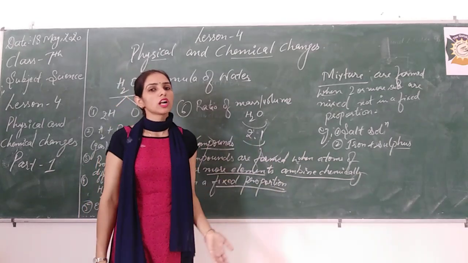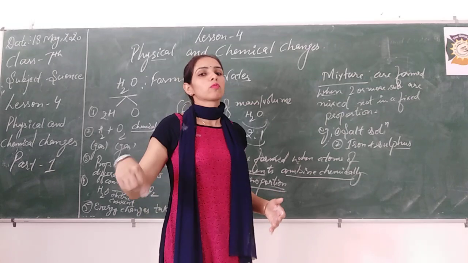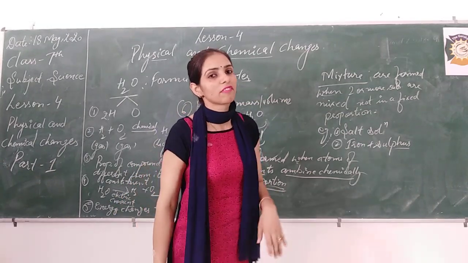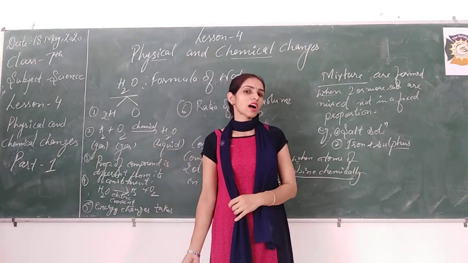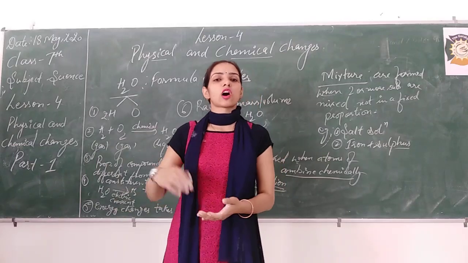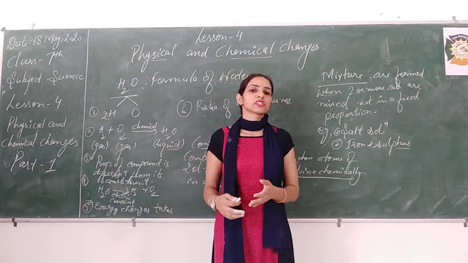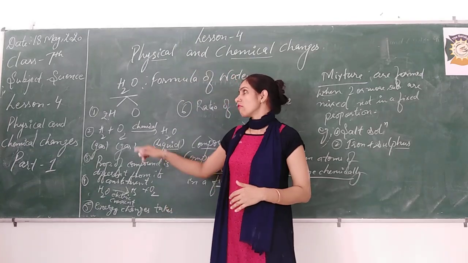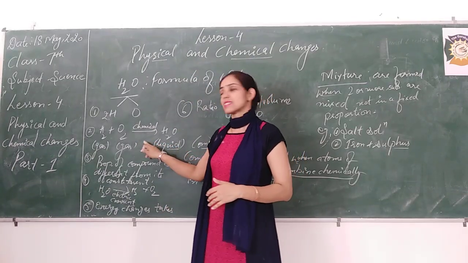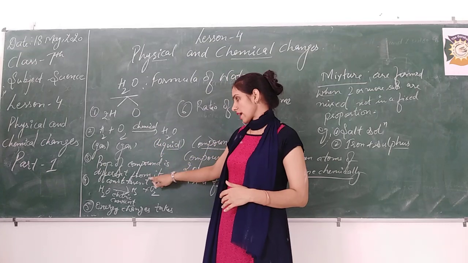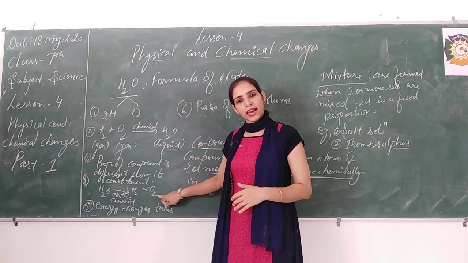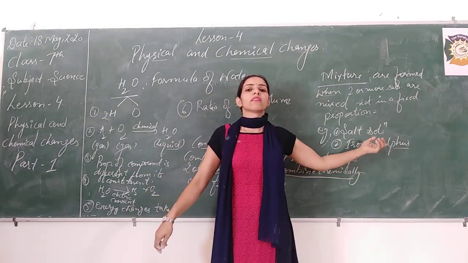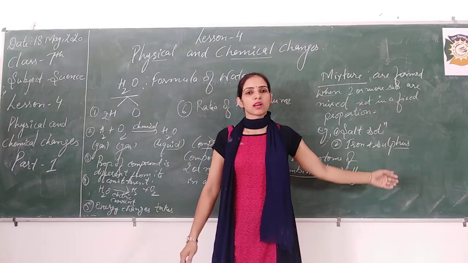The property of salt before mixing it in water remains the same after mixing in water, because you can separate salt and water by the evaporation process, that means by a physical process. While in the case of compounds, some chemical means is needed to break them down. Here you can do it physically by evaporation.